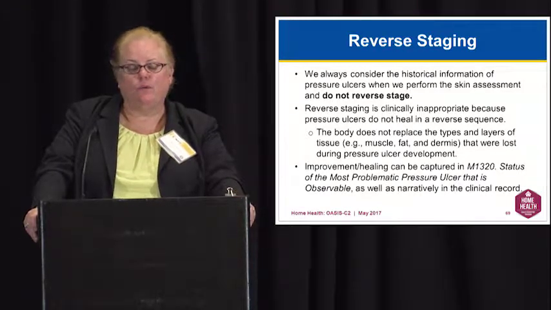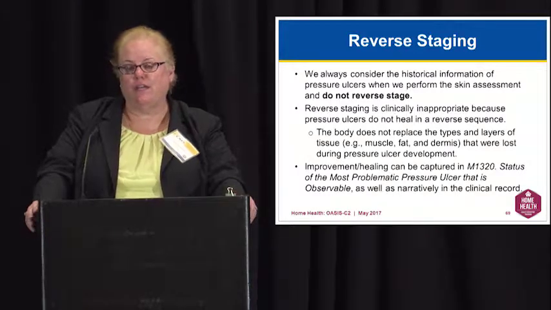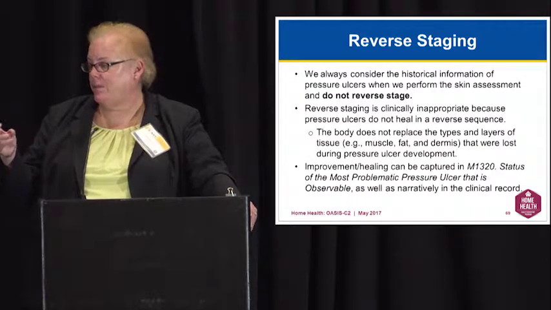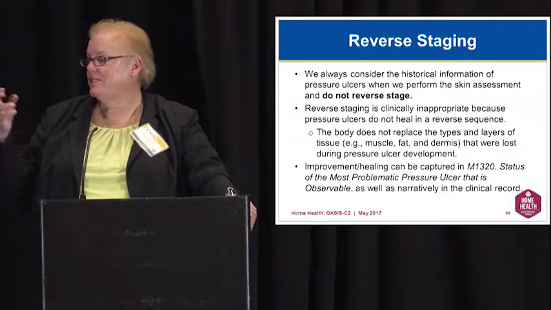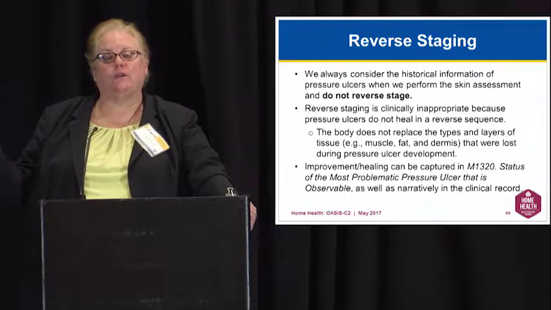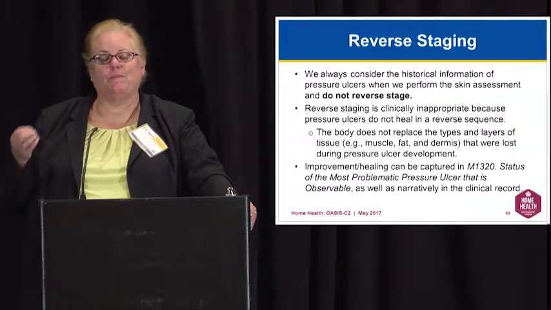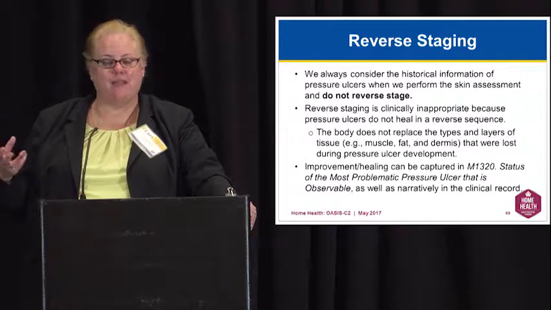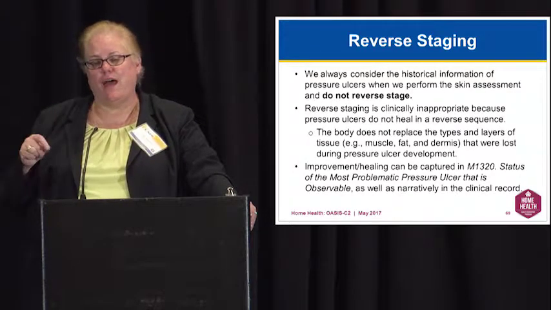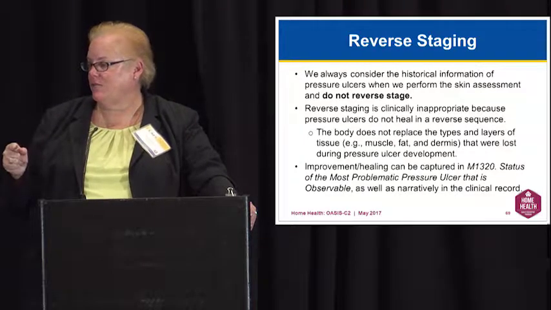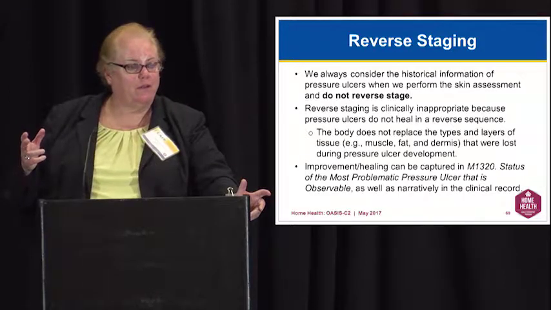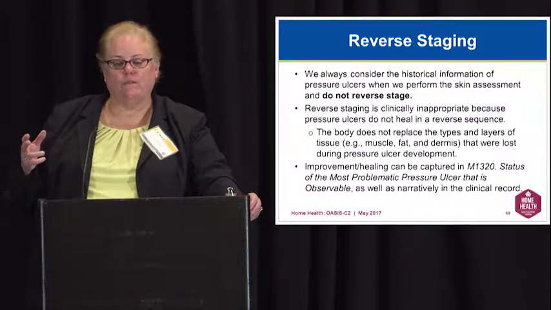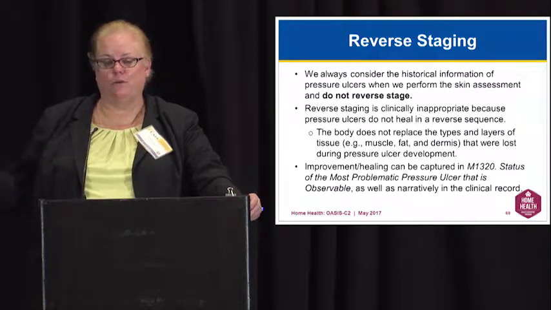The slightest little thing could take that fragile tissue that now appears as stage 2, but if that was originally a 4, what did I just say? It takes an extensive period of time to build up the scar tissue, but even at that, that tissue's not the same. So the risk of that opening back up and becoming a stage 4 again from what appeared to be a stage 2 can be fairly great. So you wouldn't want to all of a sudden take credit from a stage 2 going to a stage 4.